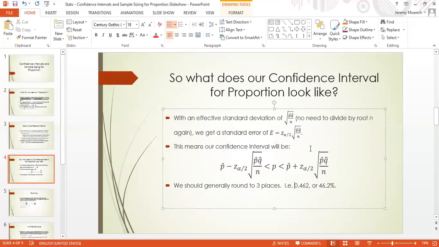And once again, be careful with your arithmetic. There's a lot going on here in terms of places where you could make arithmetic mistakes. If you're going to try and follow order of operations, if you're going to try and use a calculator that you can't just write things in one string and have it do order of operations for you, please do p hat times q hat over n first, find out what the square root of that is, then multiply it by z, and then take all of that and add and subtract it from p hat.